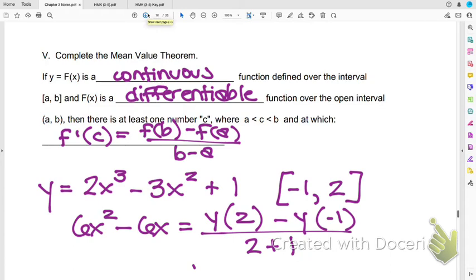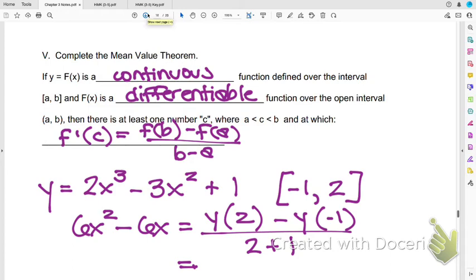Now, before I can do any actual work to solve this, what do I have to do? Plug in the values. All right, so take a minute. Y of 2 is going to be 16 minus 12 plus 1, so 5.